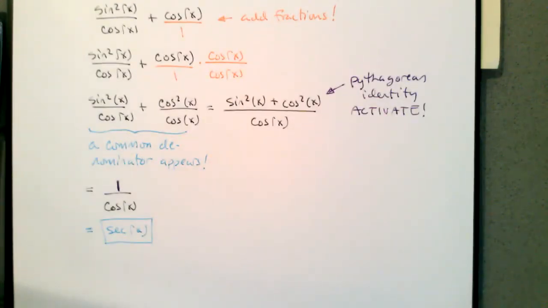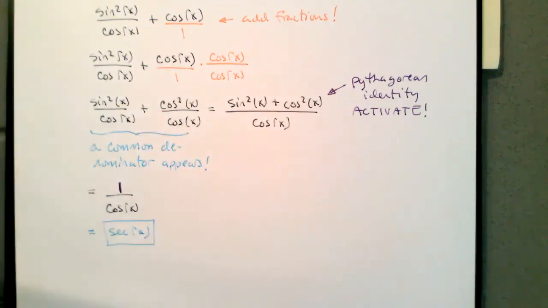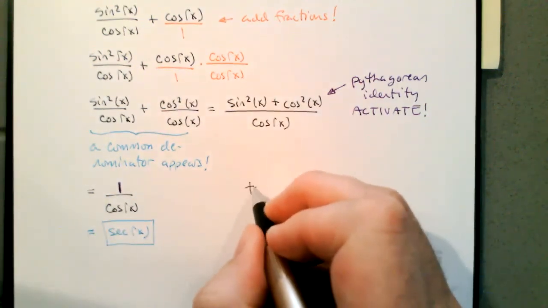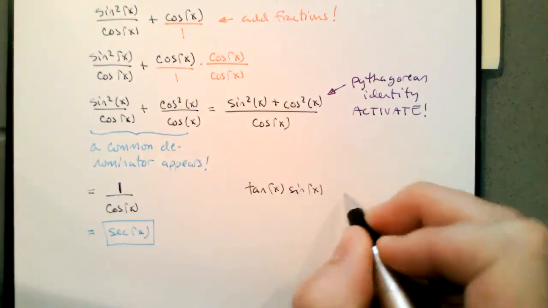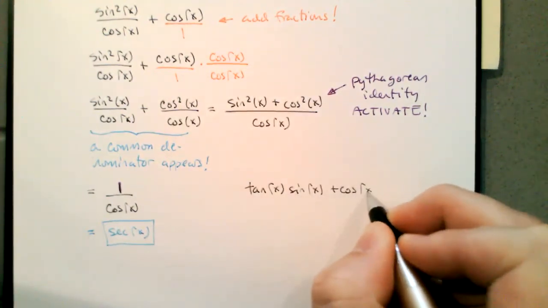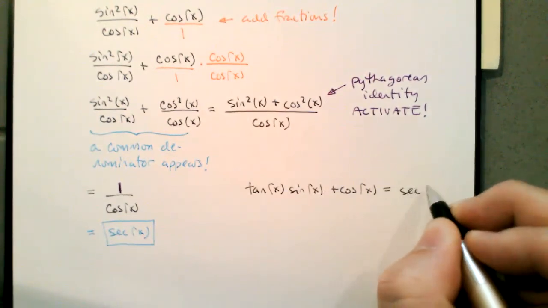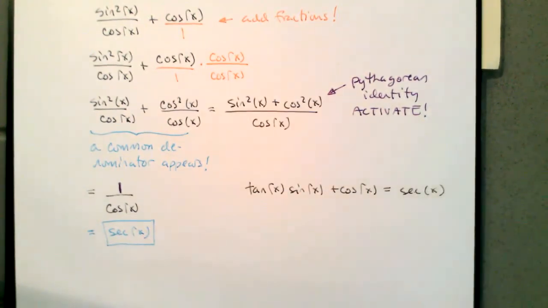We now have a new identity, which is really kind of a niche identity. But we know that now tangent x sine x plus cosine x is equal to secant x. The only reason I didn't list this in my basic identities is that it doesn't happen often enough for us to single this one out and say, this is one we really need to remember.